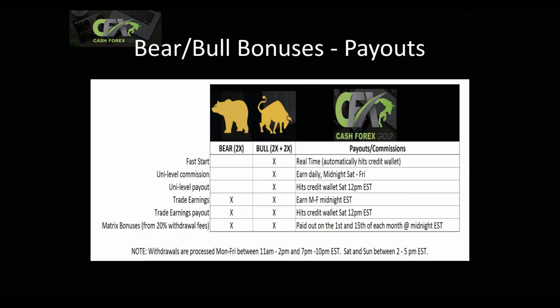So I did this earlier in a previous video, and it just talks about, very briefly, the bonuses that the bears get and the bonuses that the bulls get. So as you can see here, the bear investor would get trade earnings, so that's the up to 15% Monday through Friday, and they would also get the matrix bonuses from the 20% withdrawal fees.